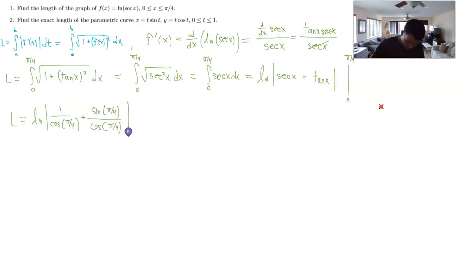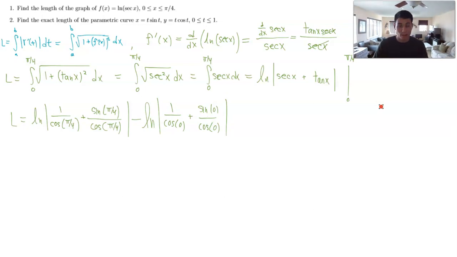And then we got minus ln of 1 over cosine of 0 plus sine of 0 over cosine of 0. And if you know those things by heart, like if you know tangent pi over 4 by heart, it's 1, by the way, you could just run through it faster. But I'm doing this for people that don't.